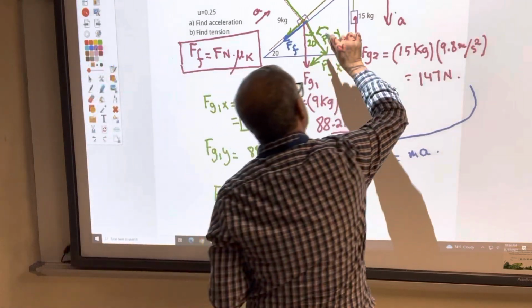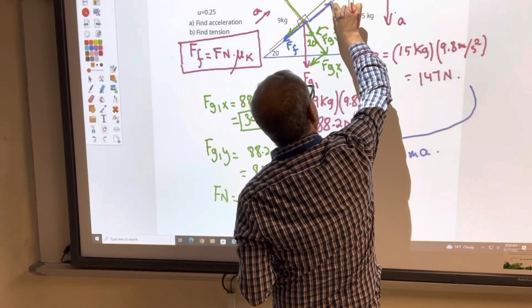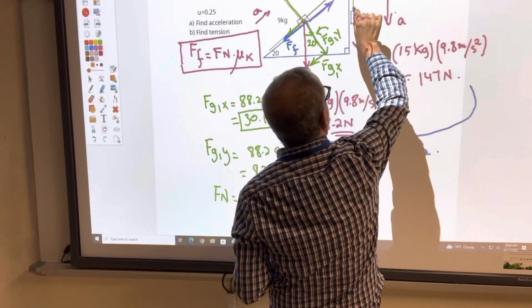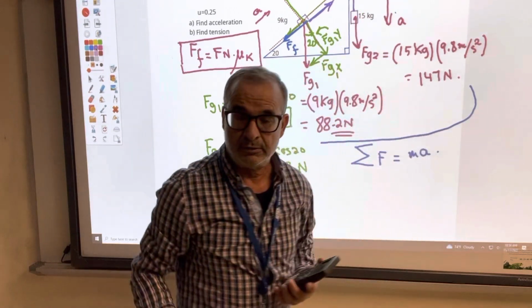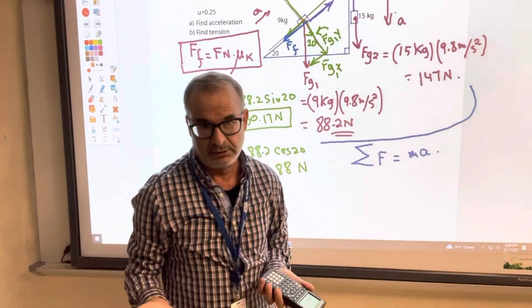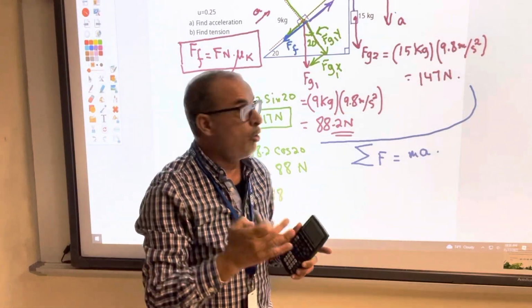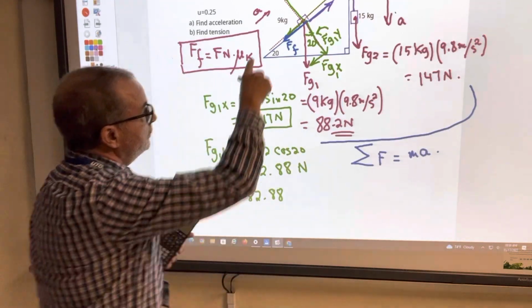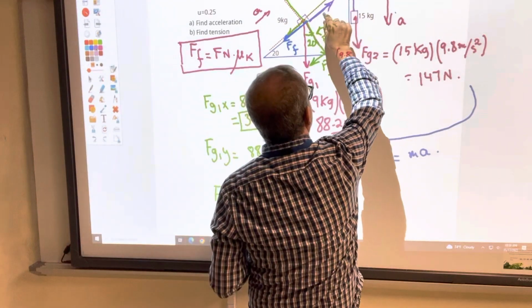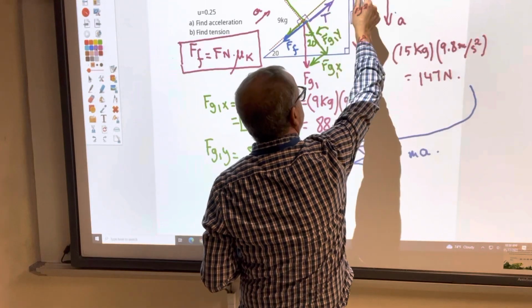The tension is pulling that way, and this one is pulling that way. But these tensions cancel each other out because they are the same. If there is no friction on the pulley, then this tension here is the same as that tension.